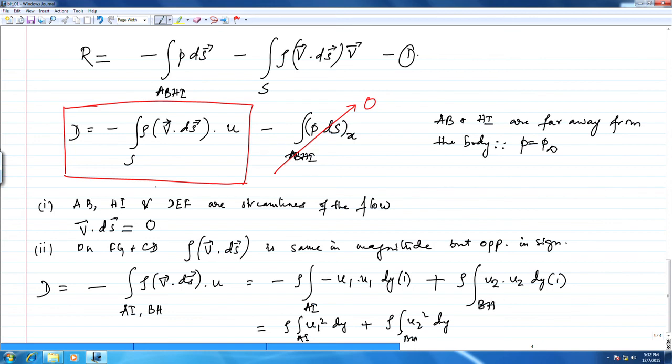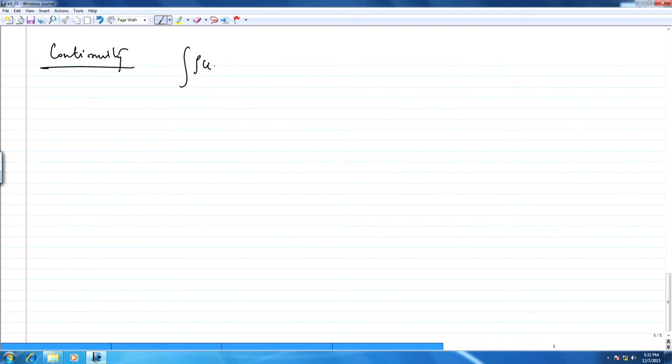Now also, if we do the same thing from continuity, what I get is rho U1 dy minus rho U2 dy, this is on the inlet and this is at the exit, is equal to 0.